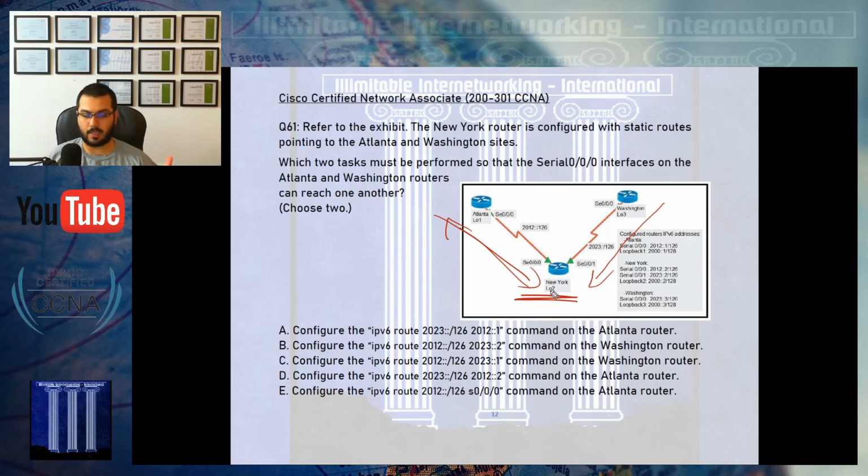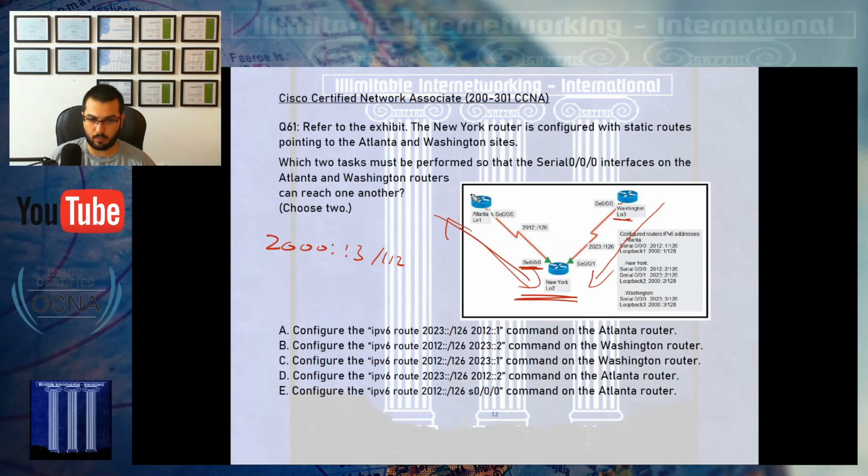So I will need one command line from Washington, one command line from Atlanta, and these will be from Atlanta. I will need to configure to reach the destination of Washington through the serial of New York. So from Atlanta, I need to reach Washington loopback. Washington loopback is 2000::3/128.